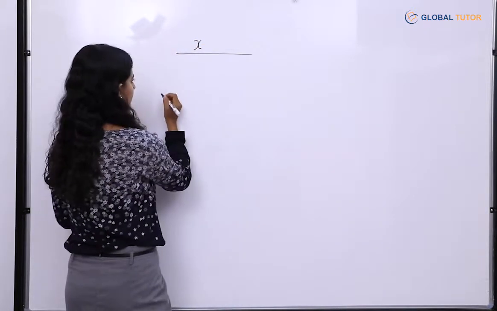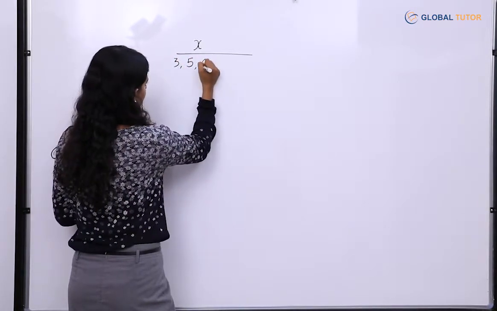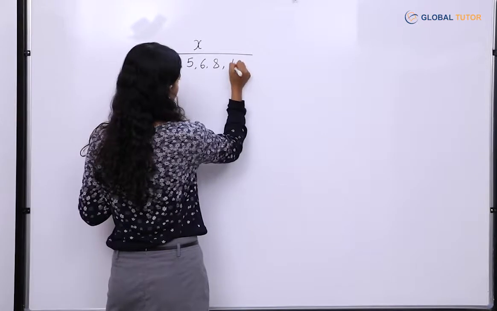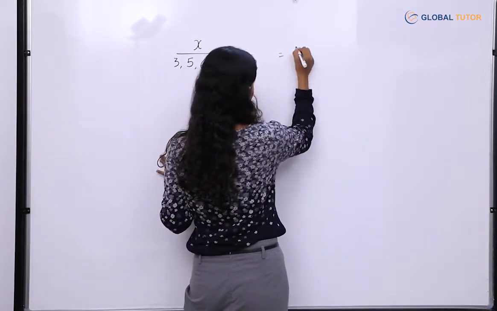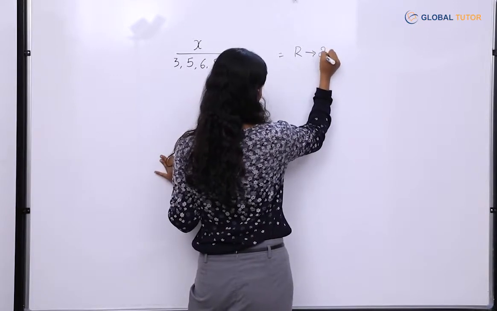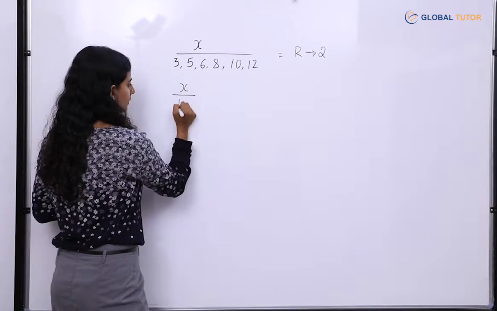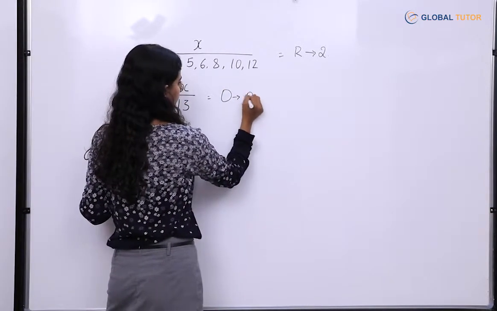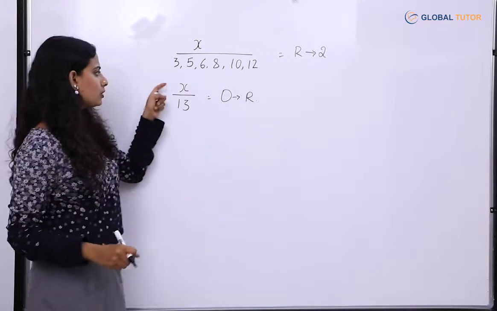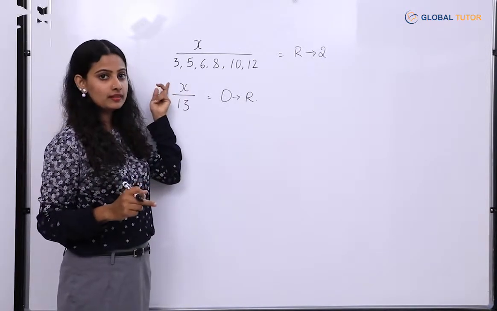When this number is divided by either 3, 5, 6, 8, 10 or 12, we get a remainder 2. When the same number is divided by 13, the remainder will be 0. So now we have to find out which number is this and what method are we going to use.